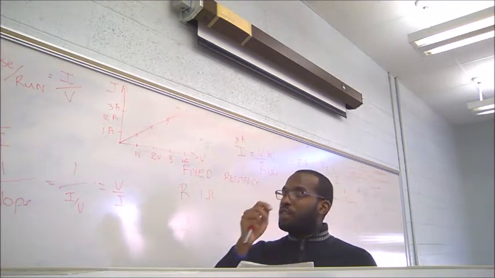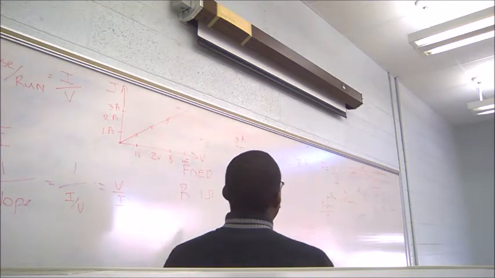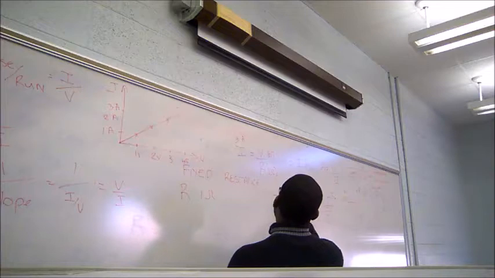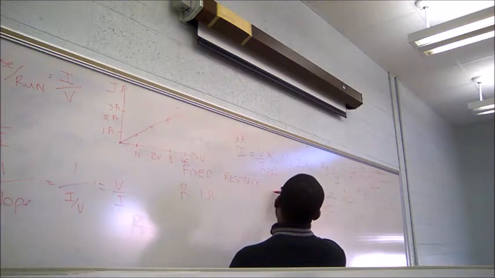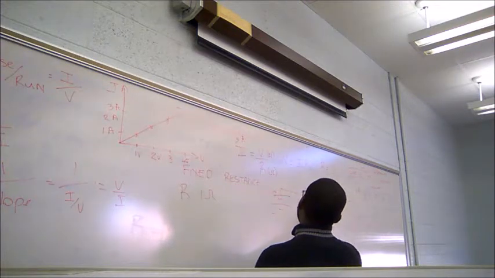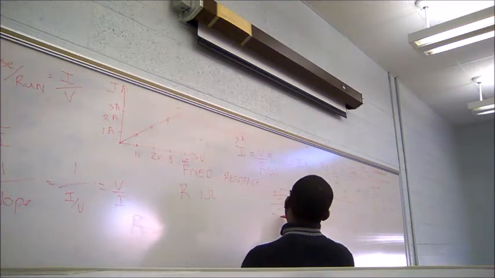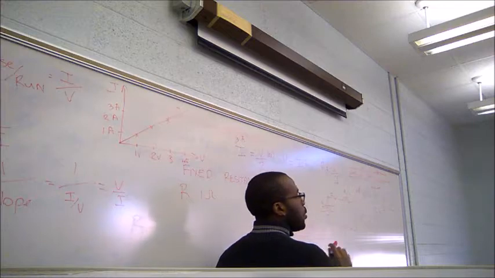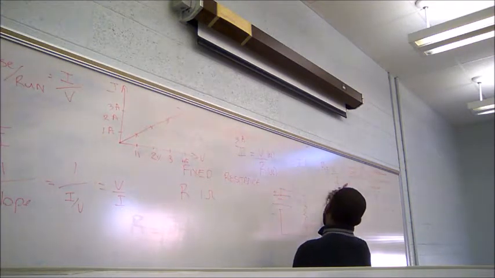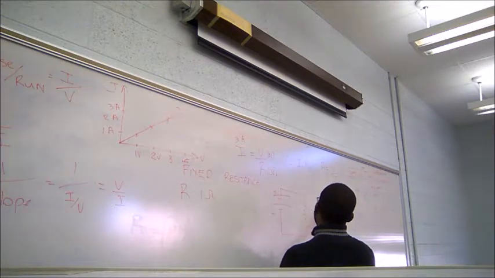Okay, so super easy. We set up our circuit. So let's look at our circuit here. We have our power supply, plus and minus, and we have a simple resistor. Then we have our multimeter, which is going to be a voltmeter, so I'll put V here.